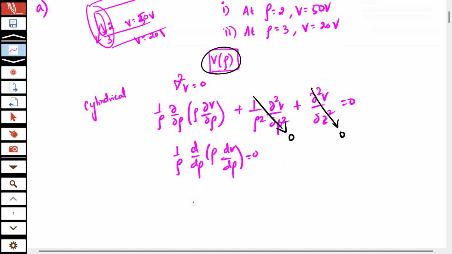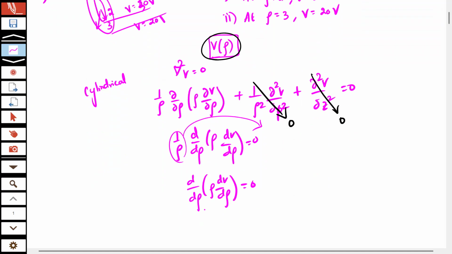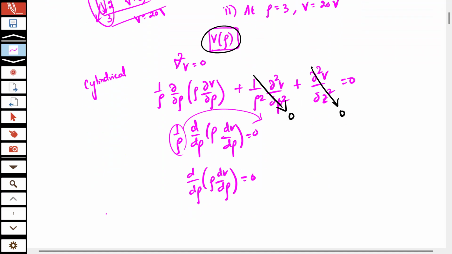Now we can consider d by d rho of rho dv by d rho equals 0, because when I bring this 1 by rho to the right hand side, that will be multiplied with 0 and you'll get 0. Now integrating once with respect to rho will give rho dv by d rho equals integration plus constant.